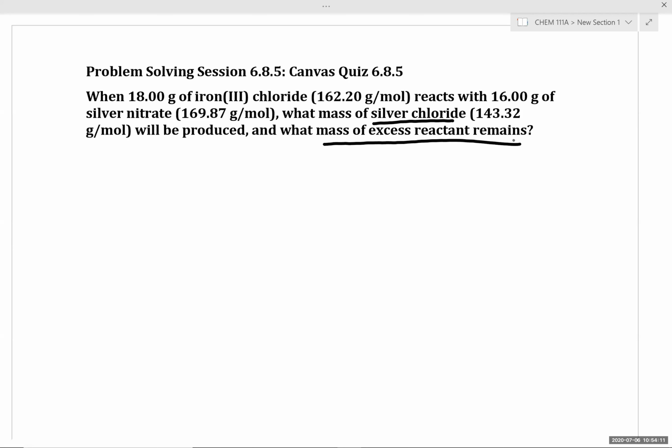So let's take about 3 to 4 minutes to write out a balanced chemical equation, and then another 4 to 5 minutes to solve using stoichiometry for the mass of product expected and the mass of excess reactant remaining. So we'll discuss this example balanced chemical equation in about 3 to 4 minutes.